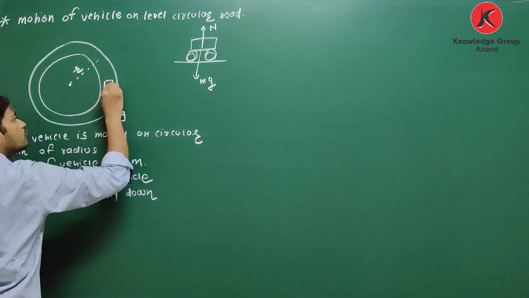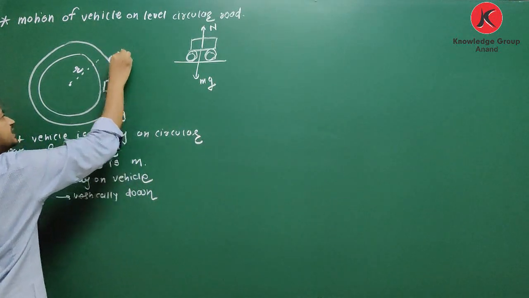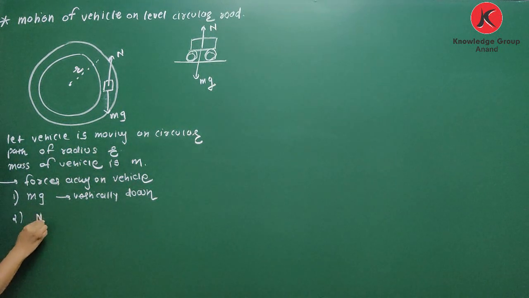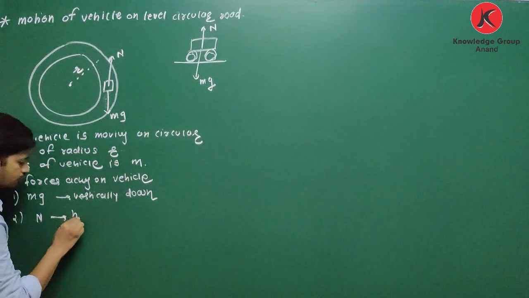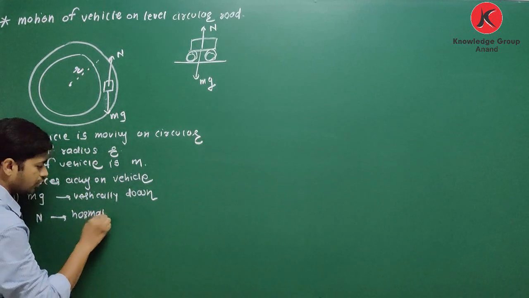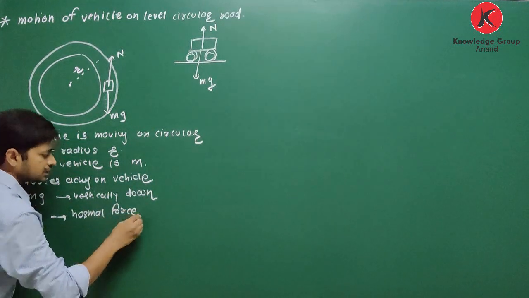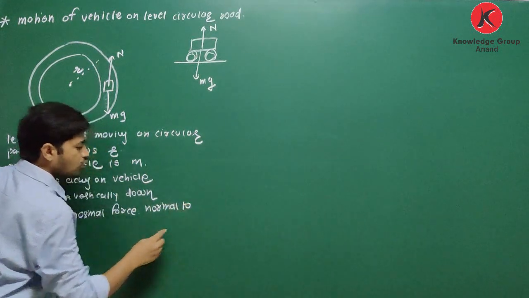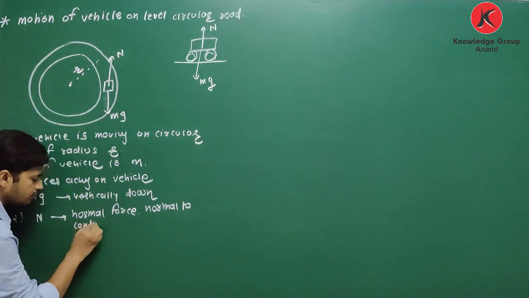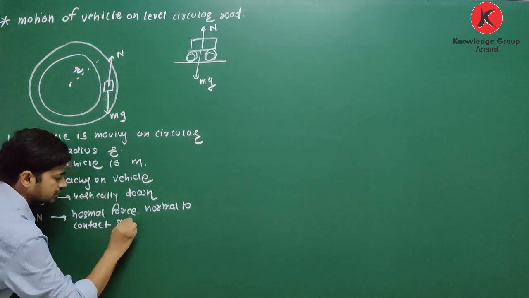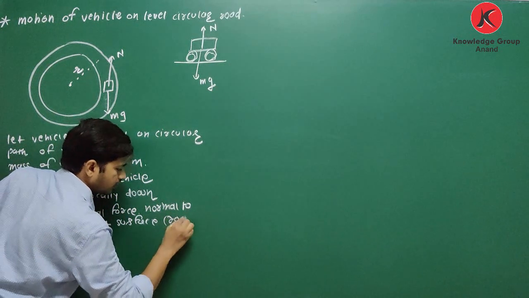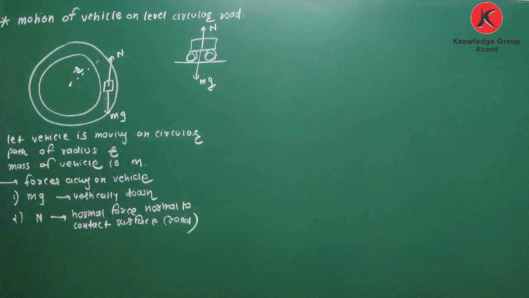So the second force is N, that is normal force, which is normal to the contact surface, means road.